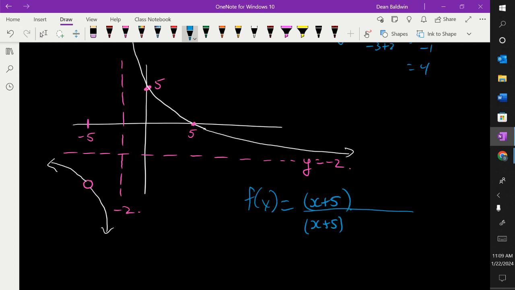All right, what else? Asymptotes. Vertical asymptote at negative 2. That means you have an x plus 2 in the denominator, right?